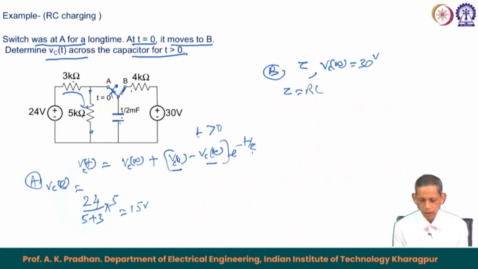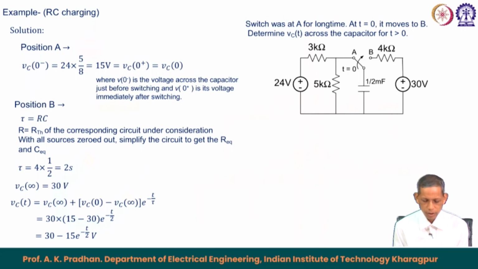Because it is connected to B, the capacitor sees 4 kilo ohm into half millifarad, which becomes 2 seconds. So we got all these things. Substitute and simplify, then we get the solution.